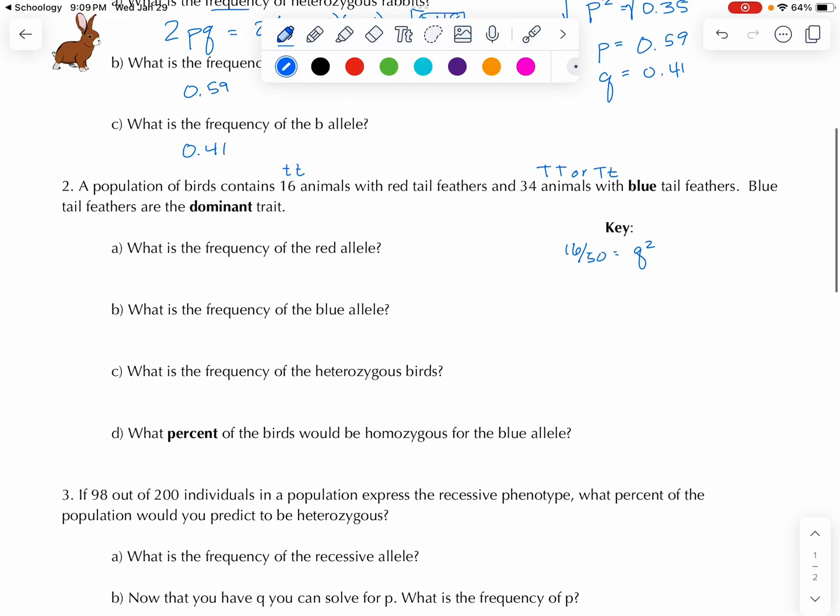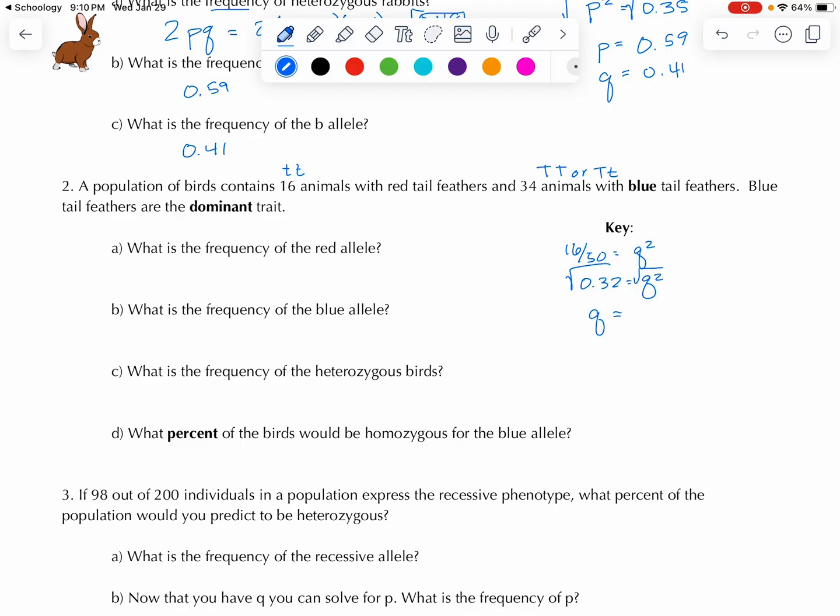So let's change the fraction to a decimal. We got 0.32 is equal to q squared. Take the square root of that, and we got 0.57. So q equals 0.57.